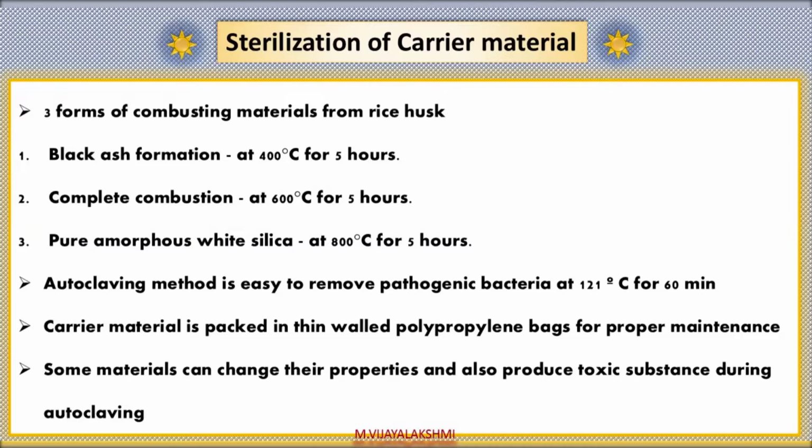Here you should note that some plastic materials produce toxic substances during the autoclaving process, and sometimes the carrier medium is less effective because of microbial contamination. That's why sterilization is a very efficient and the best method to prevent contamination.